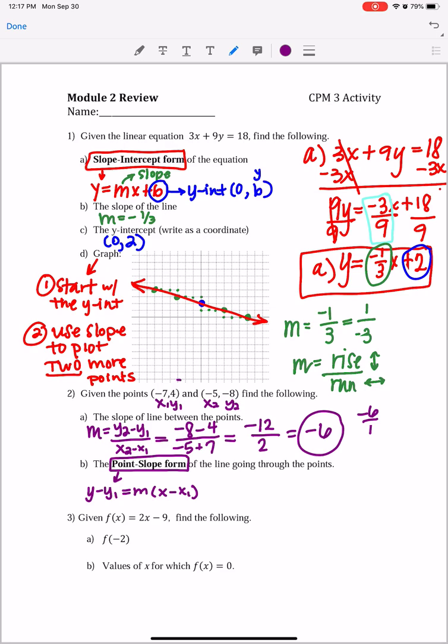I'm going to go ahead and just pick this first one just because it's already labeled x1, y1, but you can pick the second one as well. When you put this in point slope formula, you are plugging in numbers for your y1, for your m, and for your x1. This x and this y are going to stay.